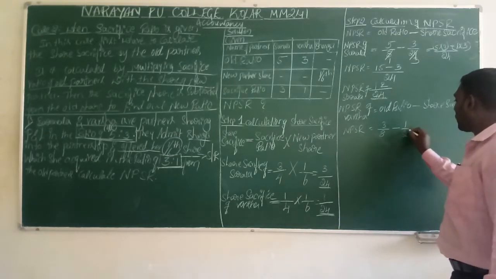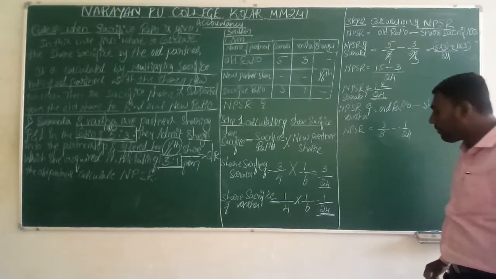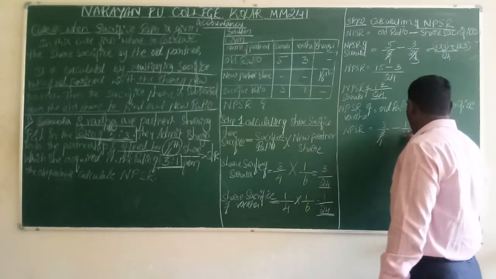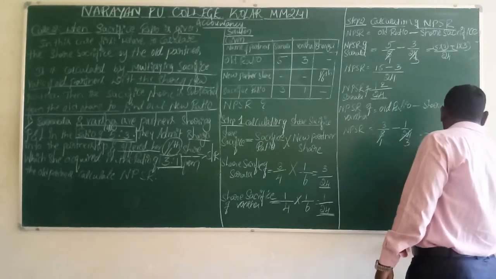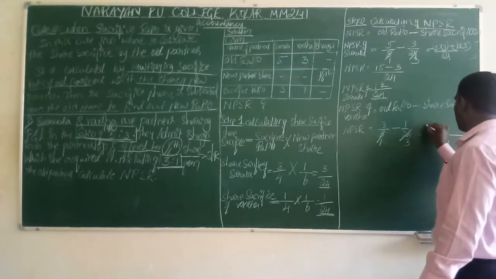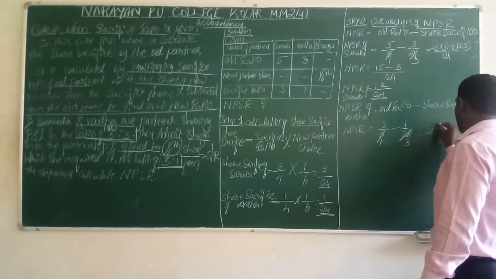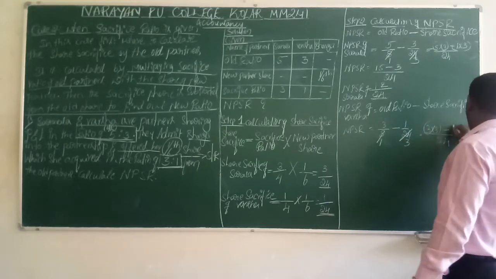Again both denominators are divisible: 8 ones are 8, 8 threes are 24, so we consider 24 as the base. Cross multiplication: 3 into 3 minus 1 into 1.